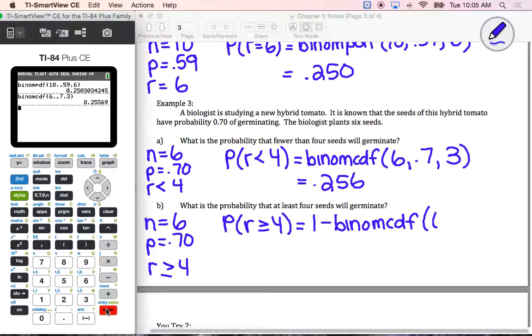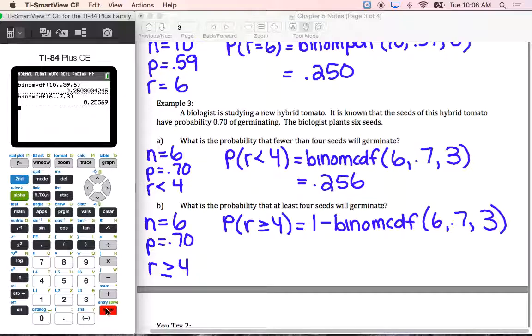So we do our 6, 0.7. Now, if you look at the other page, it says if we're greater than or equal to 4, we want to put 3 there. Because when you are writing this, you are saying, I want to get rid of all the probabilities of 3, 2, 1, and 0. I only want to find the probabilities of having 4 seeds, 5 seeds, or 6 seeds total.